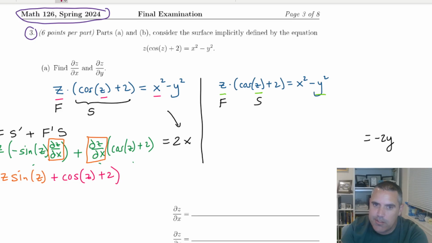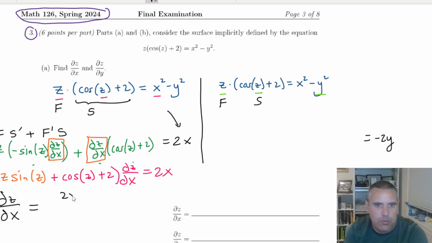And again, I've not looked at the solutions. I'm not going to. We're going to decide this together as a team. All right, dz/dx is equal to 2x over that disgusting mess.